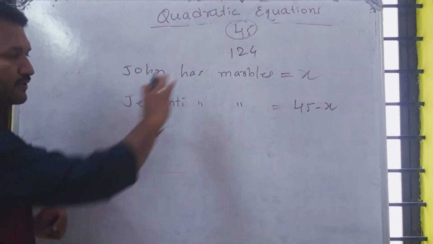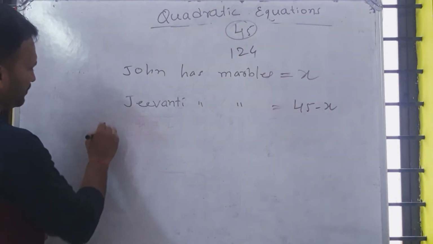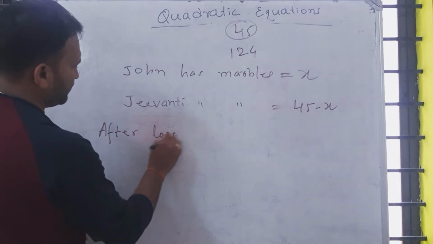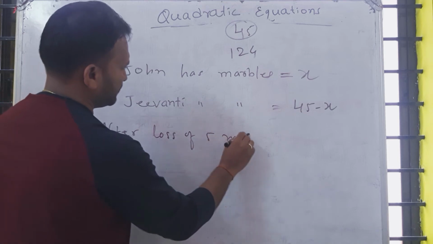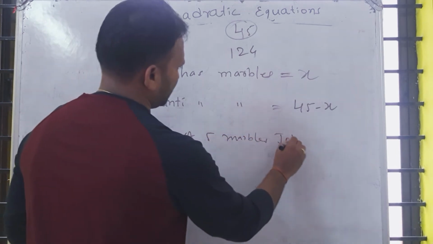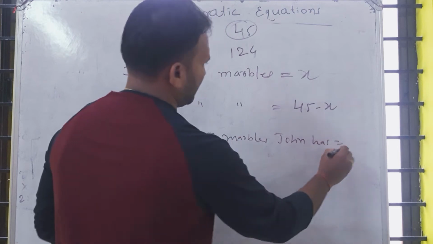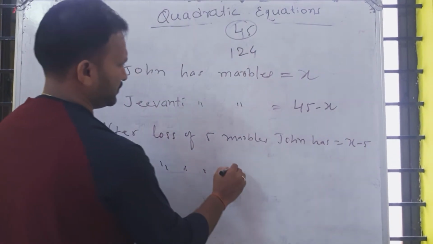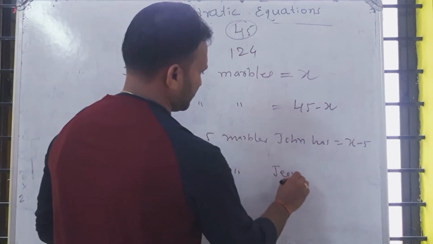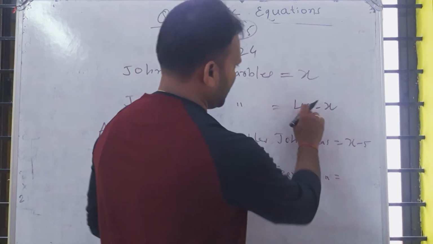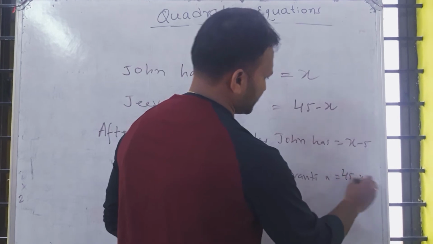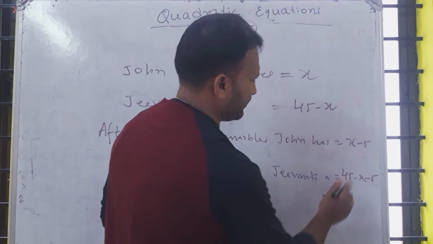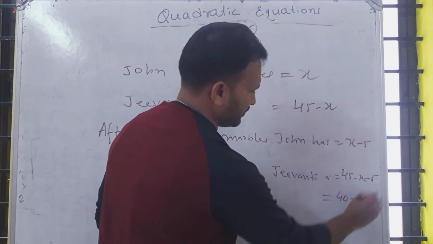Now after losing 5 marbles, John has X minus 5, and after losing 5 marbles, Jivanti has, first 45 minus X, now minus 5 again, that is 45 minus 5 is 40, so 40 minus X.